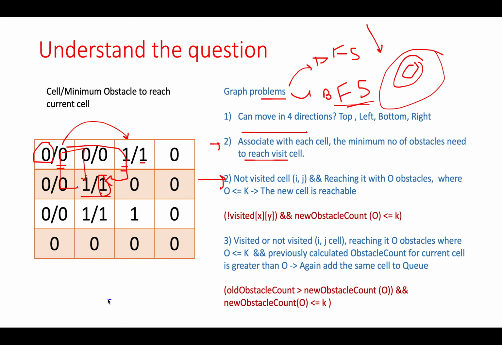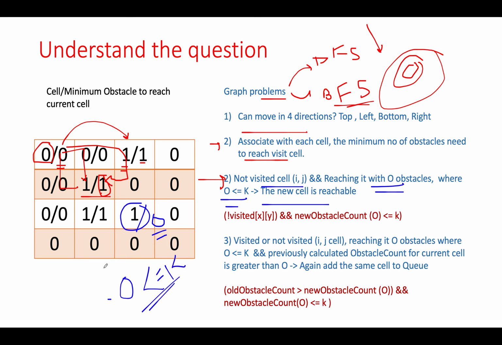Now let's look at the other possibilities that we need to think of. If we have not visited a particular cell and we are reaching it with O obstacles, where O happens to be less than or equal to K, then it simply means that the new cell is reachable. Let's assume we are reaching this particular node with O obstacles and O is less than or equal to K. That simply means this node is reachable.